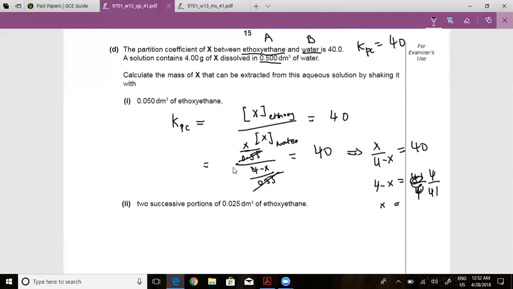So x has to be 4 minus 4 over 41, whatever that is. Have you done the mental math? क्या सही से? 160. That's what it is. Yeah, bolo. Okay. So basically, I don't know how you did it, but मेरा वैसे आंसर तो 3.9 आ रहा है. Yeah, just do this, you'll get 3.9.